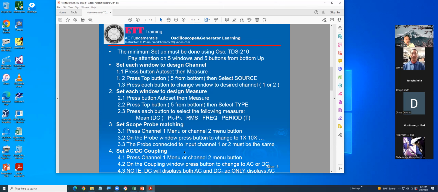If I set to DC coupling, what happens to the display on the oscilloscope?